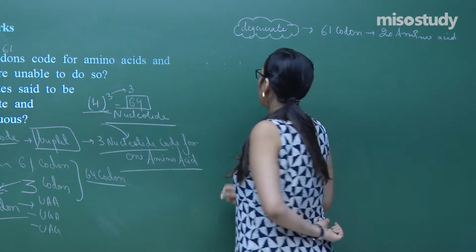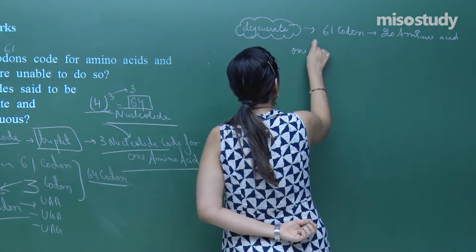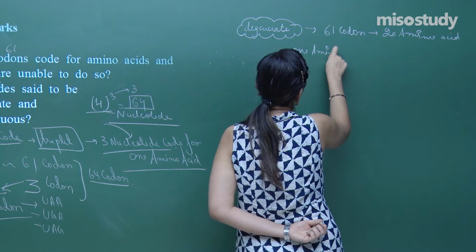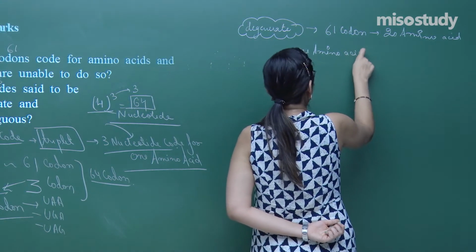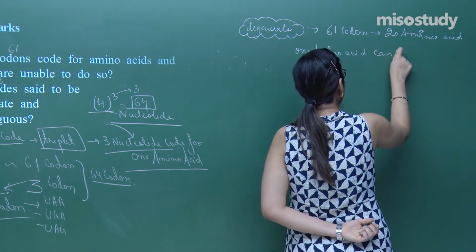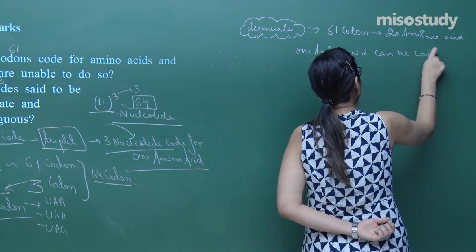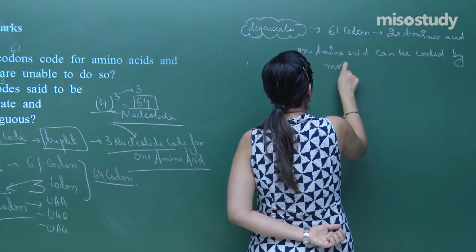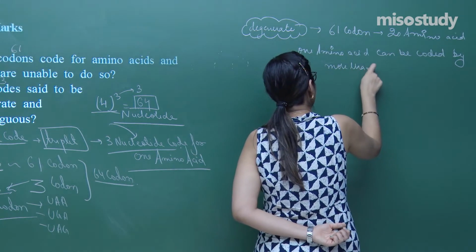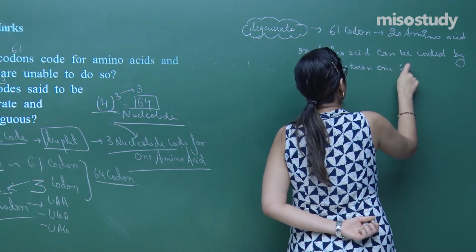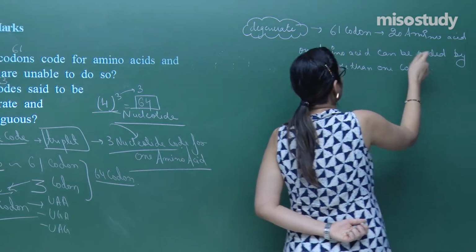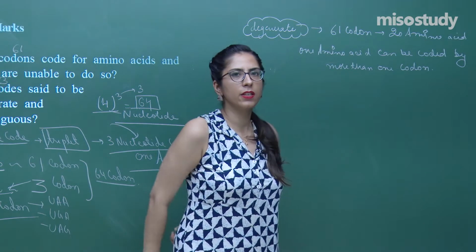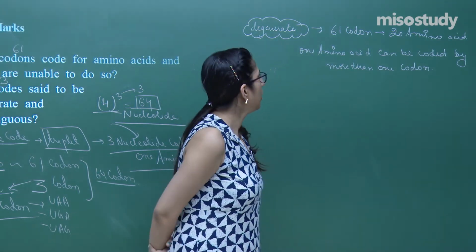So if I say one amino acid can be coded by more than one codon, we call this the degeneracy of the genetic code.